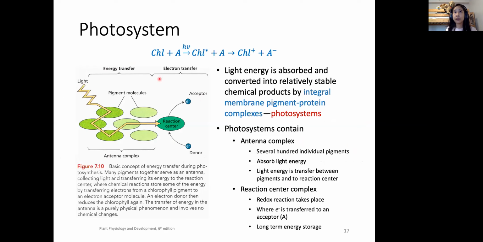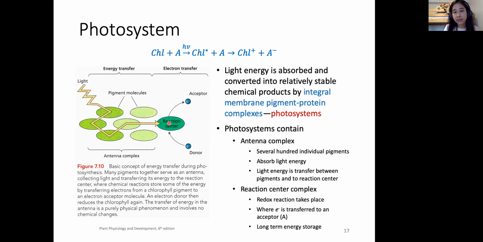This is the photosystem. You have several hundreds of pigments that receive energy. We call these many pigments the antenna complex. In the antenna complex, there will be energy transfer, and once it has enough energy, it will transfer that energy to a chlorophyll in the reaction center.